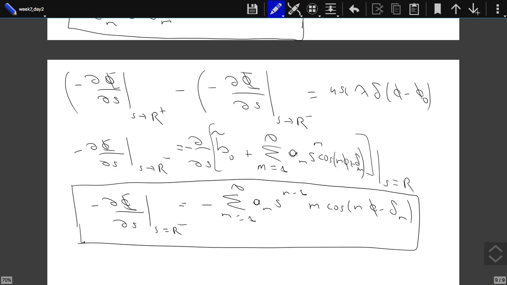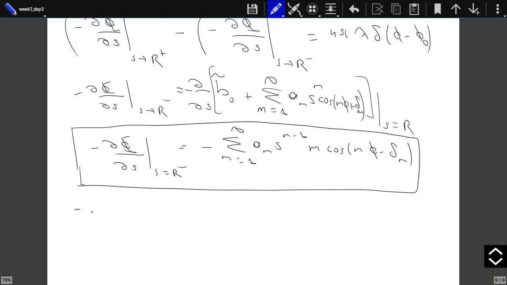On the other side, derivative of phi with respect to S, evaluated at S is equal to R plus outside my cylindrical volume. This is my potential.